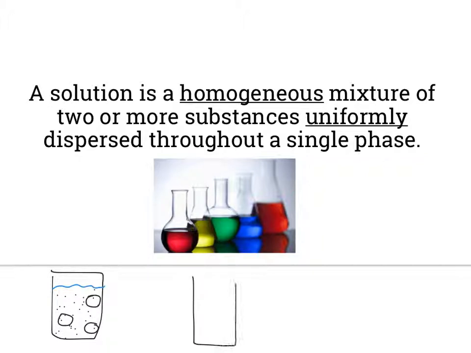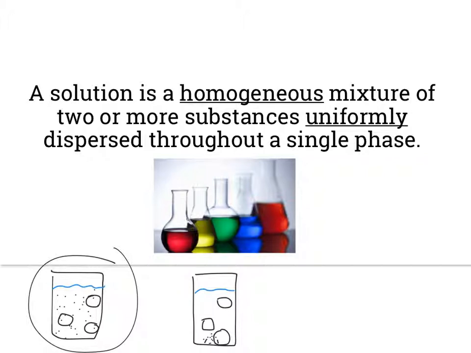Now, that is quite opposite to a heterogeneous solution, or mixture, in which any sample can easily be different. So, a solution, also known as a homogeneous mixture, is when two or more substances are uniformly dispersed throughout a single phase.